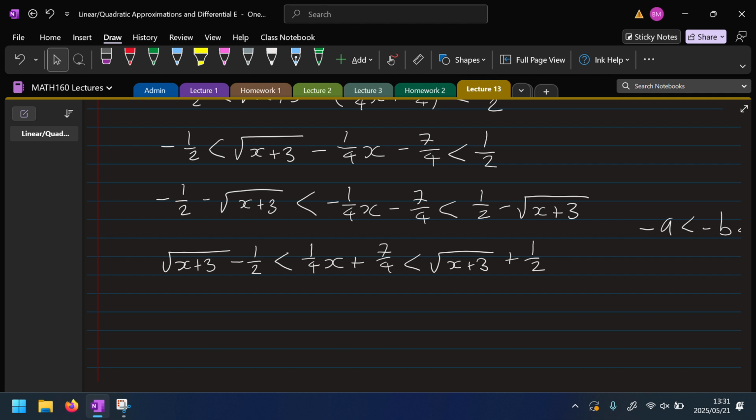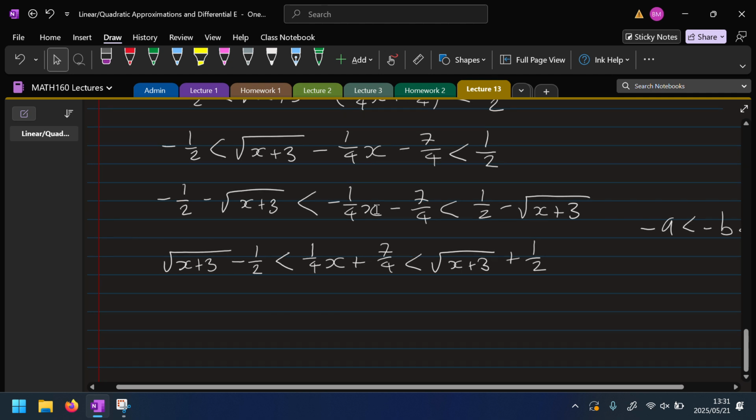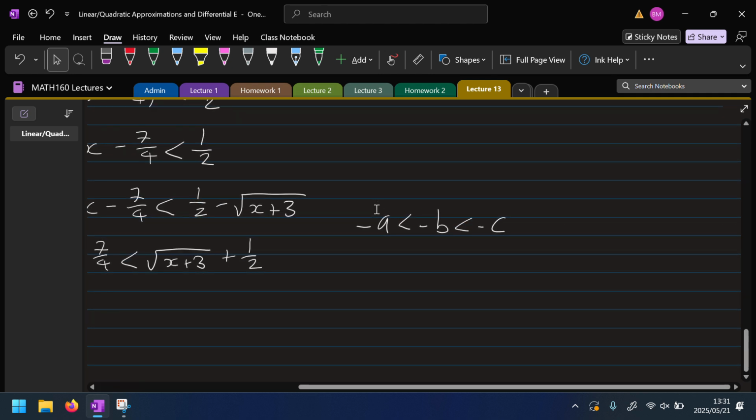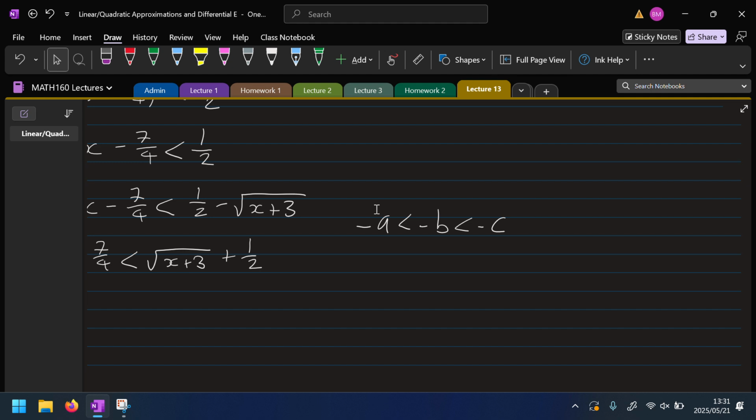Okay, now please go to your notes from the algebra stuff. Now I can't waste time going through that. Here: minus a less than minus b less than minus c. Multiply through by minus 1 and see what you get. Yeah, write it out. So minus a less than minus b less than minus c, and then multiply through by minus 1.